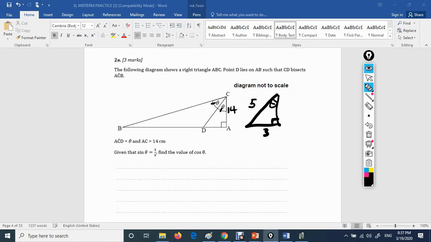I'm thinking that this is a 3, 4, 5. This side must definitely be 4. So now they want us to find the value of cosine. It's very easy because since we know that the proportions in this triangle are 3, 4, 5, the special right triangle, then that means that cosine of theta must equal adjacent 4 over 5. And that would be the answer.